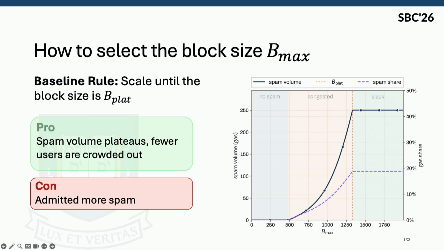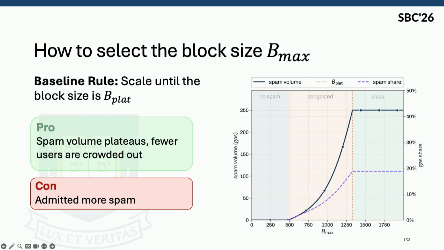The pro is that the spam volume will plateau, which means that this is optimal since no users are crowded out. But the con of selecting this parameter is that it essentially makes the maximum amount of spam that is possible here. So it suggests maybe there is a better rule out there that the designers can pick.